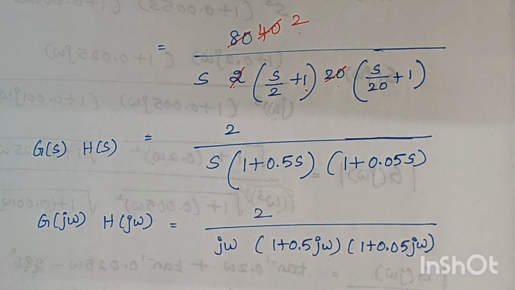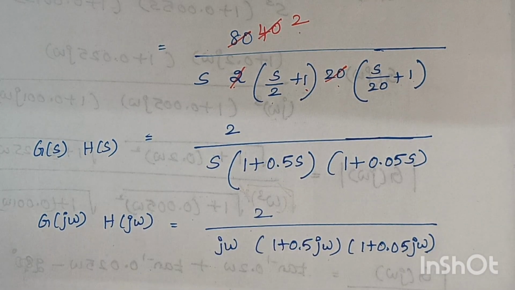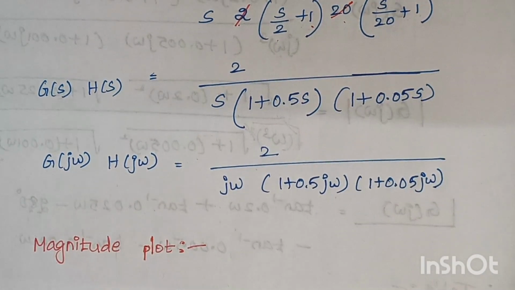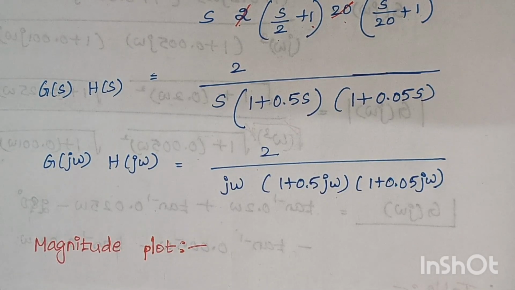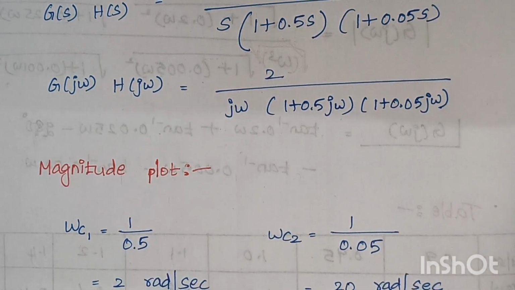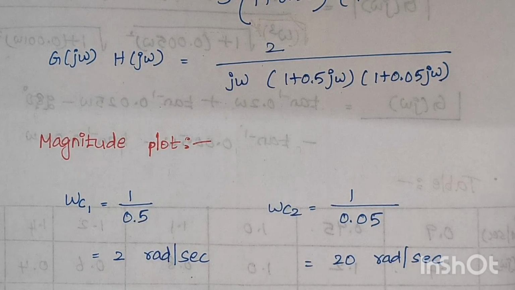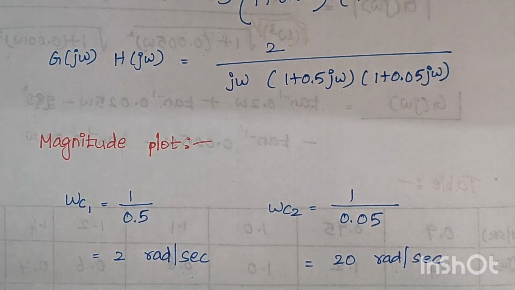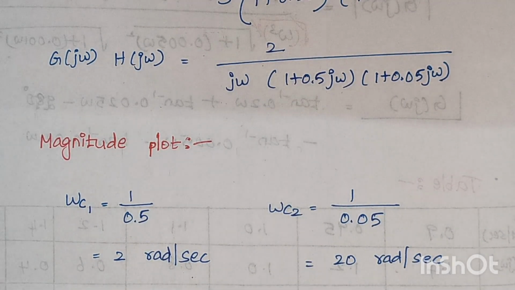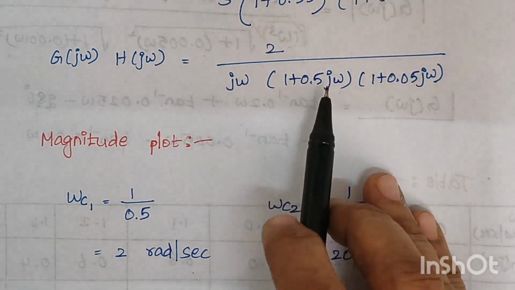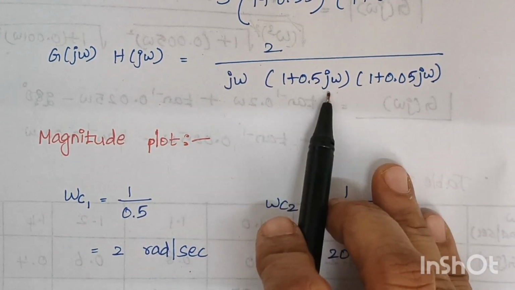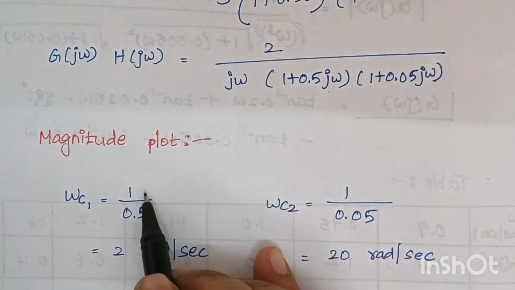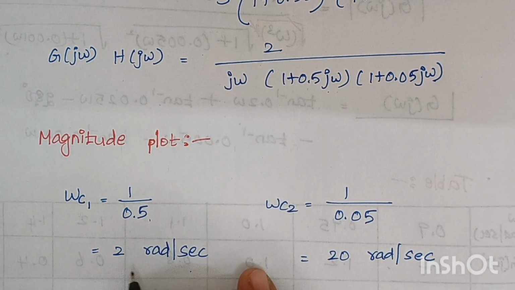Then the next step is we are going to follow the steps for the magnitude plot. For the magnitude plot, the first step is calculating the corner frequencies, right? How to calculate corner frequencies? We have to take the reciprocal of the coefficient of s or the reciprocal of the coefficient of omega. Both are the same, right? So what is the coefficient of omega for this term? It is 0.5. When you take the reciprocal, the answer is 2.